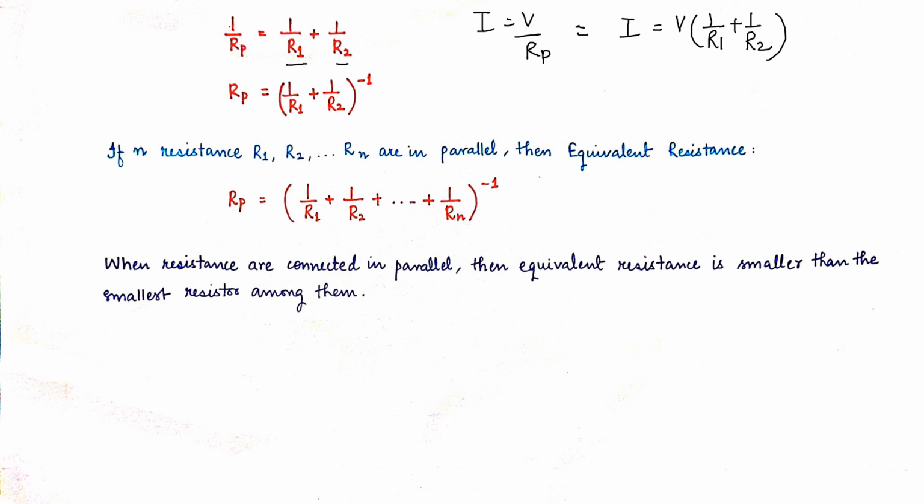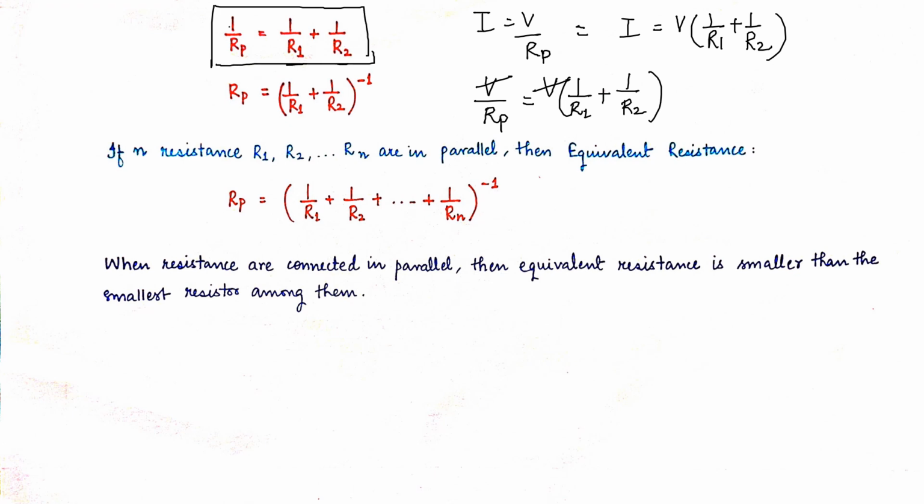Equating these two equations, we will get V upon Rp equals V into 1 upon R1 plus 1 upon R2. This V and this V will cancel out, giving us this formula. This formula is for parallel combination.